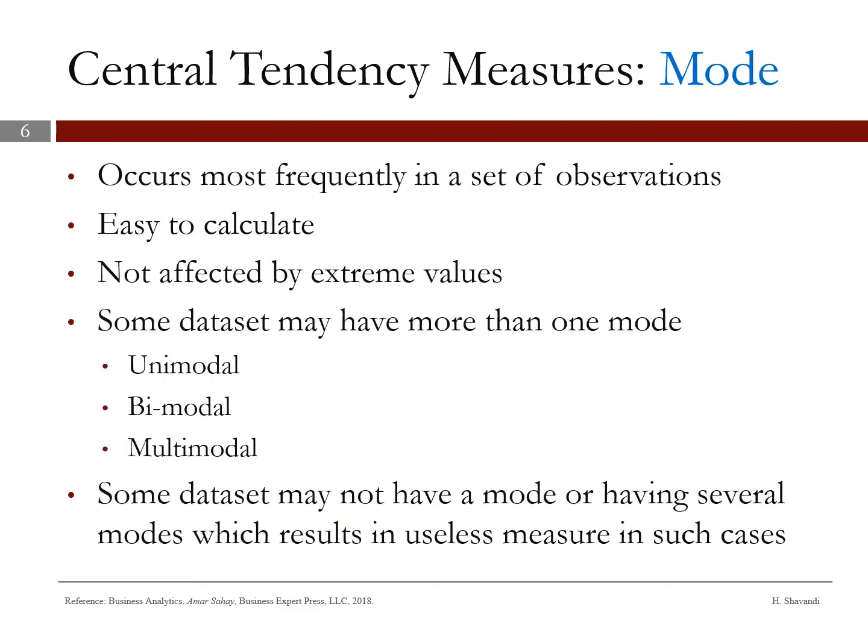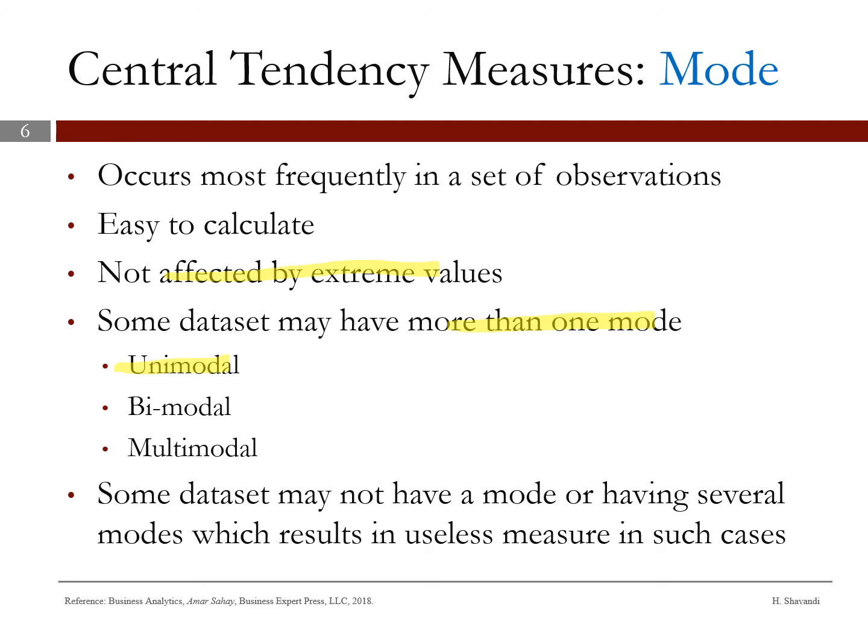And the third measure is the mode. The mode is the observation which has the highest frequency. Okay, it is easy to calculate, and it's not affected by the extreme values, same as the median. And we may have more than one mode in a data set. If we have just one mode, then that data set is unimodal.